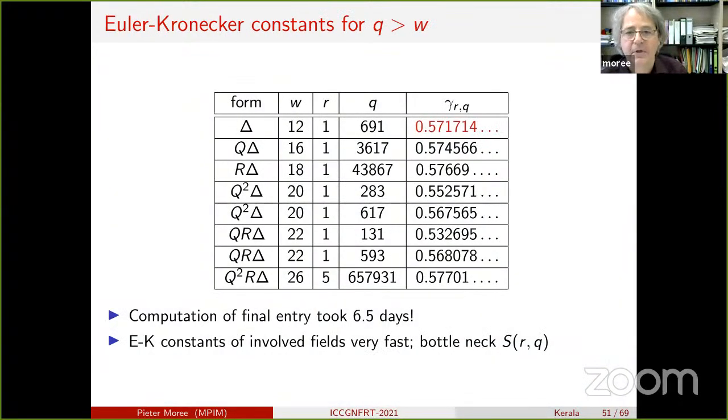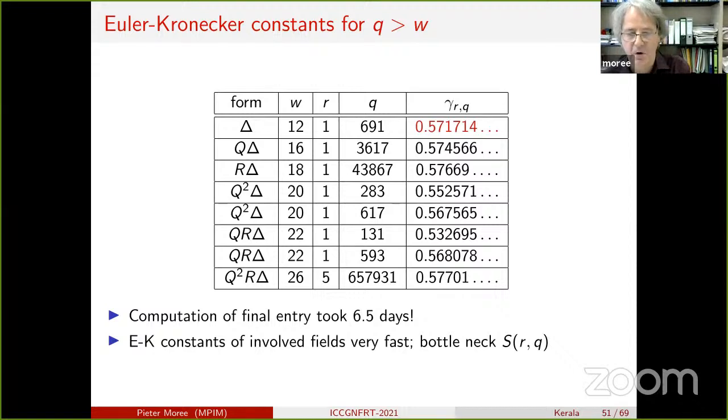Here are just examples of the constants involved. Especially the last one took 6.5 days of computation. So that's really non-trivial to compute. I'm very happy to have Alessandro Languasco as a collaborator, because he's an absolute expert in doing these computations.